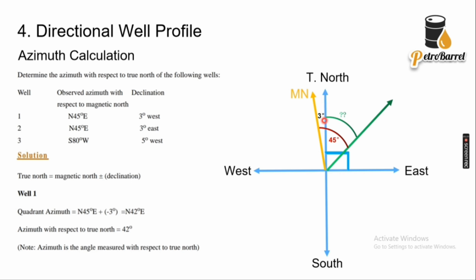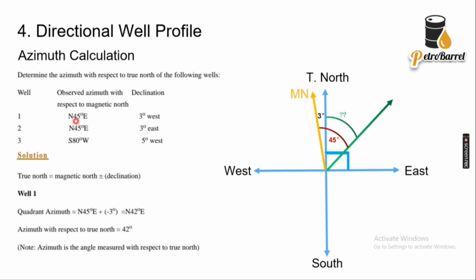The declination angle will move either to the right, to the east, or to the left, to the west. So the first step, we draw the yellow ray, which refers to the magnetic north.